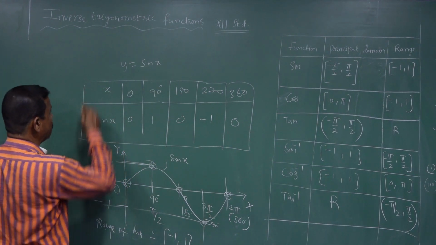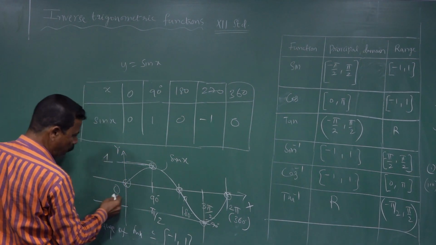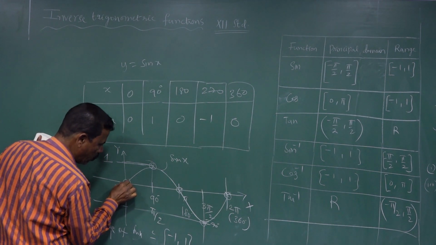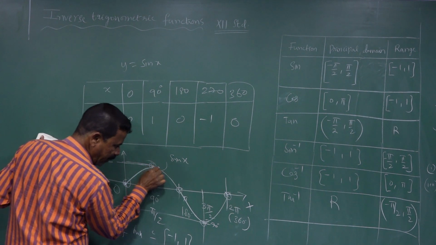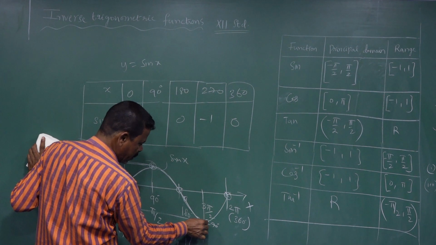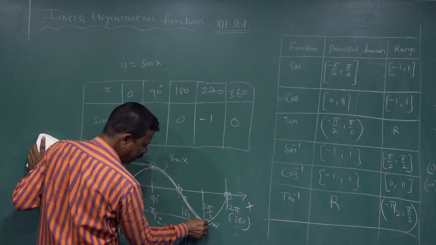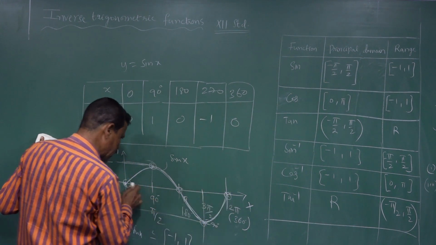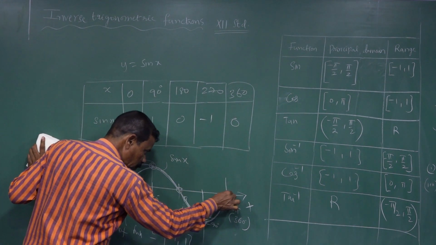According to this sine graph, starting from 0, the curve increases from 0 to 90, decreases from 90 to 180, and continues decreasing up to 270. So 90 to 270 it decreases, and then it increases again up to 360.